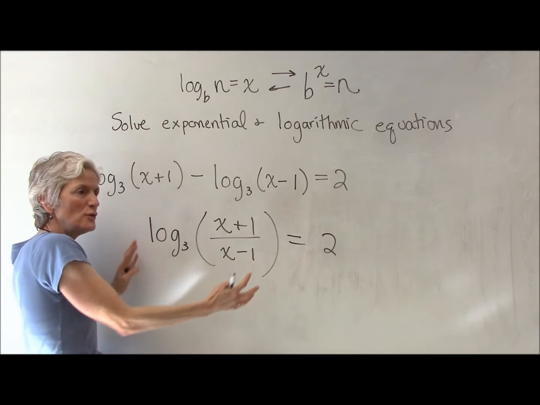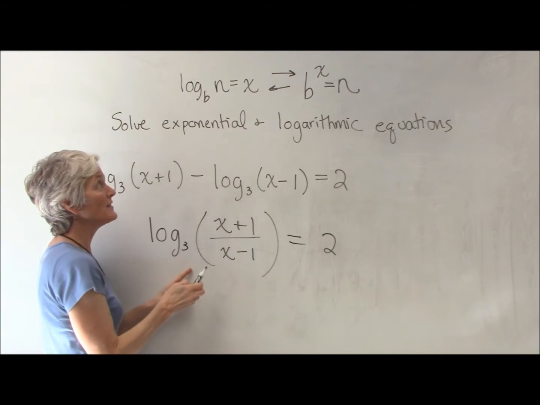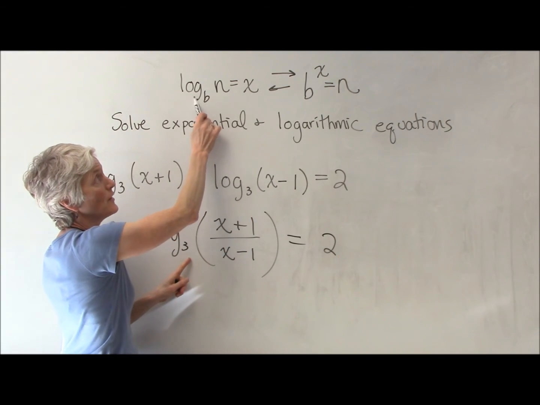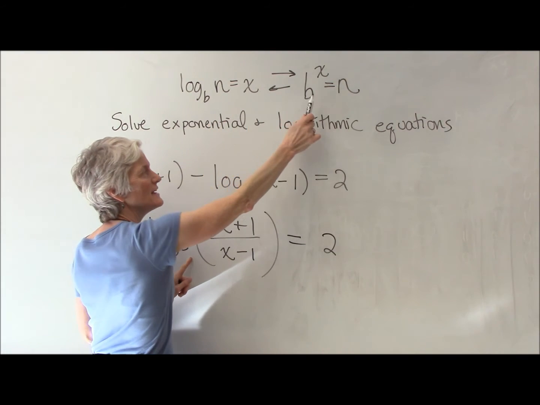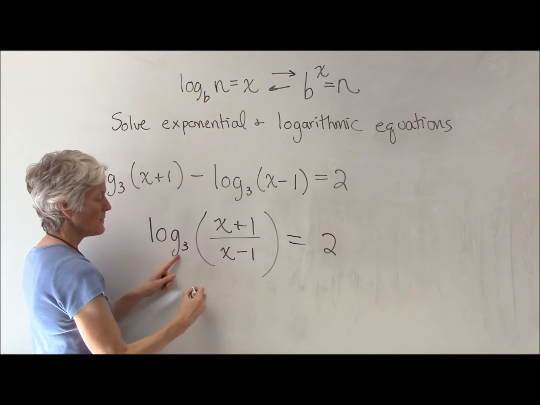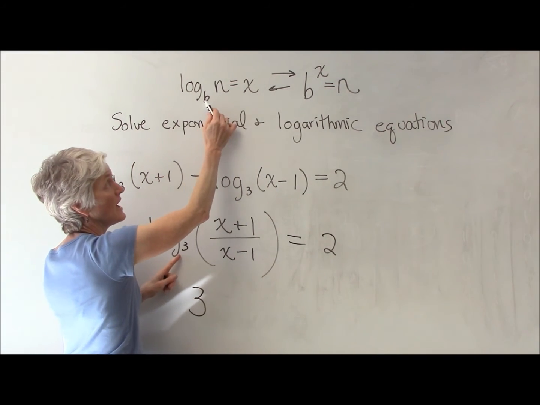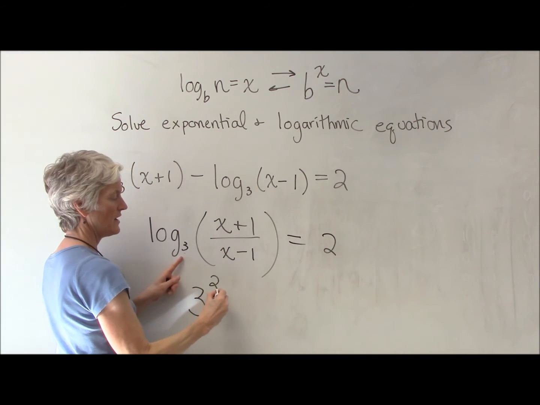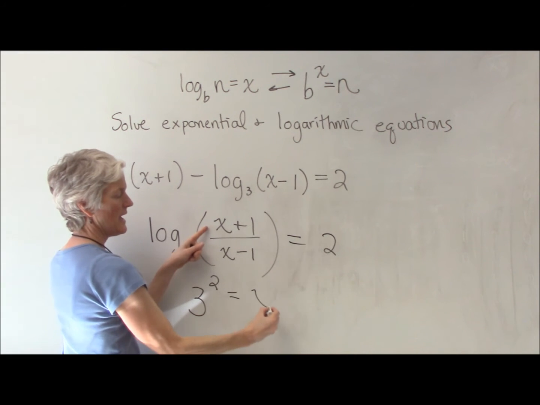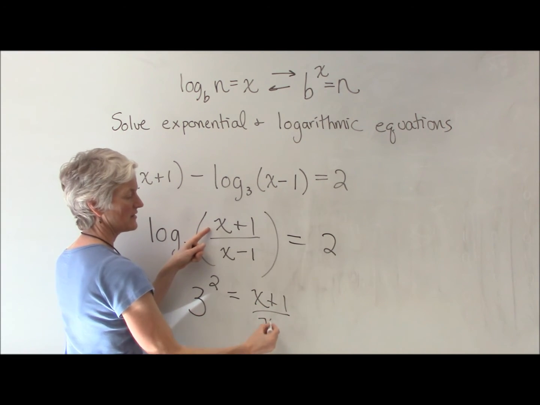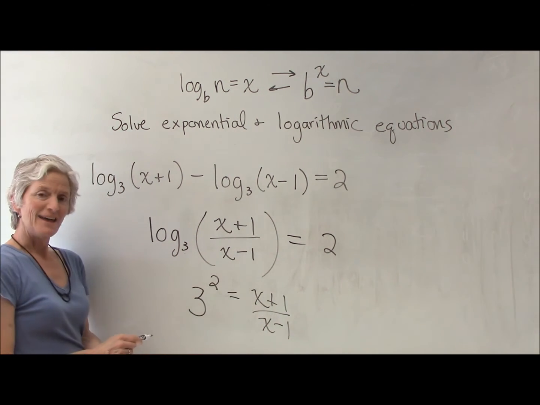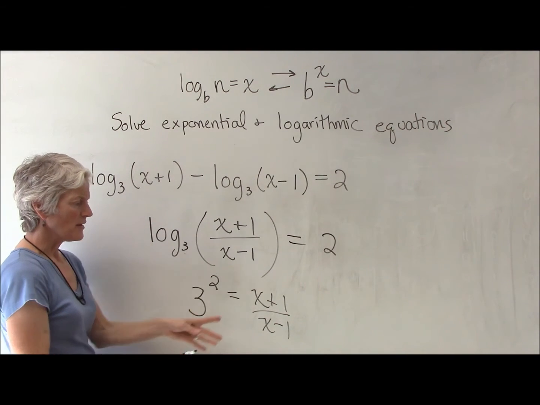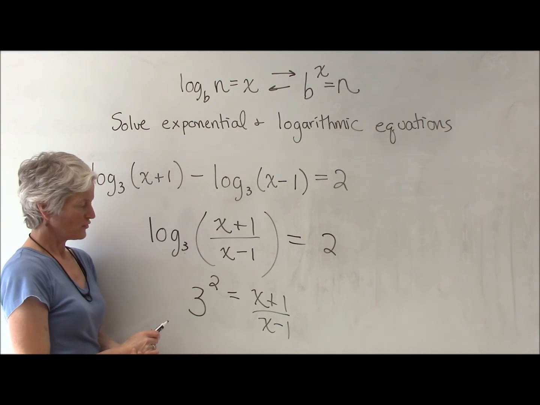I can get rid of the log by rewriting this in exponential form. So I'm just rewriting that using my handy dandy little knowledge here. So b to the x, so 3 squared equals x plus 1 over x minus 1. And now I don't have the logarithm. Now I just have some algebra to do.